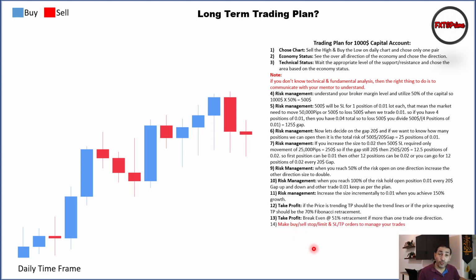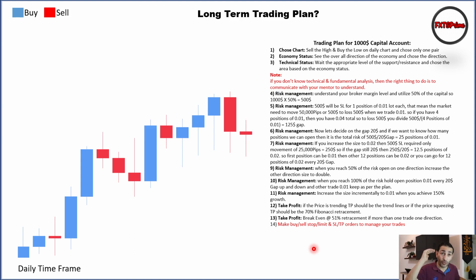Next thing you're going to do, immediately when you place your first order, and your first order should be the best order in your plan because the remaining orders depend only on the gap. So your first entry is the critical one. It has to be based on technical analysis, on a support resistance level. Use your mentor's advice, ask your mentor, clarify with him what the direction is, what the status of the fundamentals is and what his advice is.